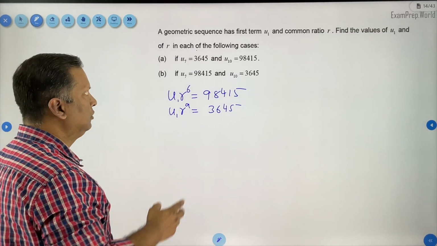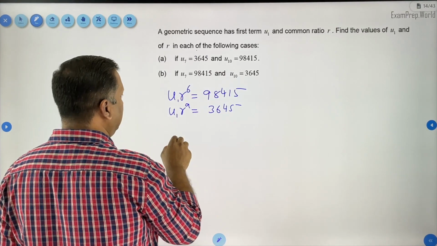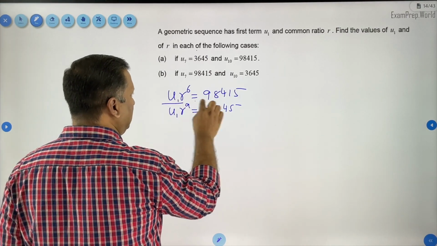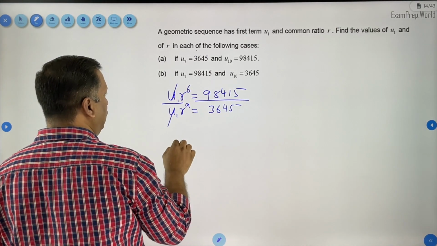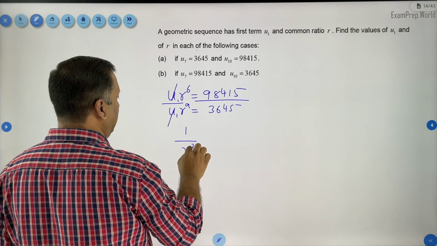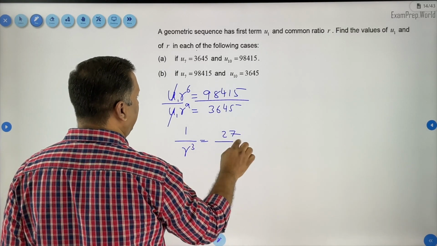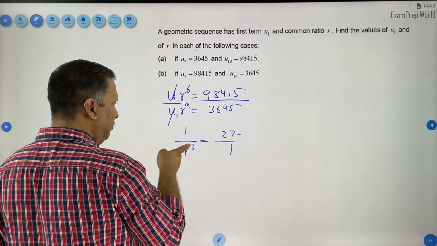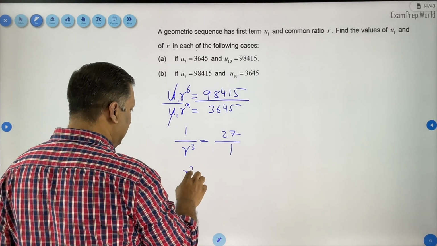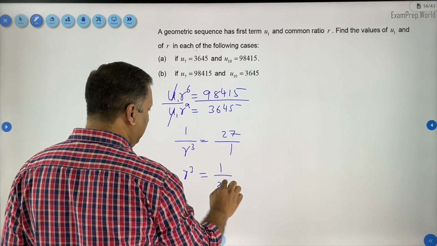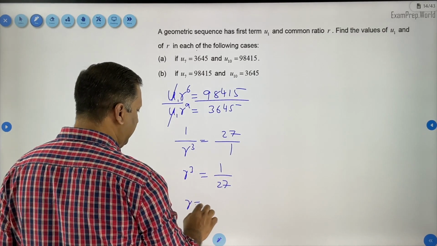Right? The numbers are the same, they have just flipped it. So basically divide this one. So u1 goes, 1 by r cube is 27 by 1. Therefore, flip it. r cube is equal to 1 by 27. Therefore, r equals 1 by 3.